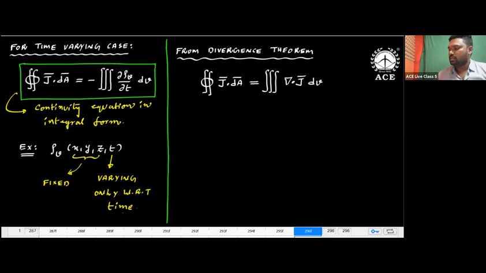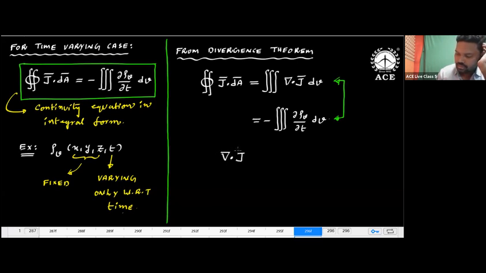Clear? Yes. So this is also equal to minus volume integral of dou rho v by dou t into dV. Just equate these two things. So you're going to get divergence of J is equal to minus dou rho v by dou t.